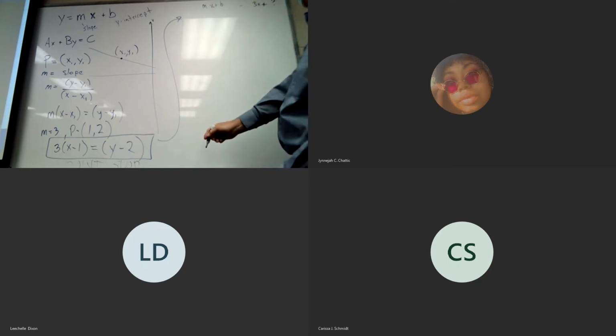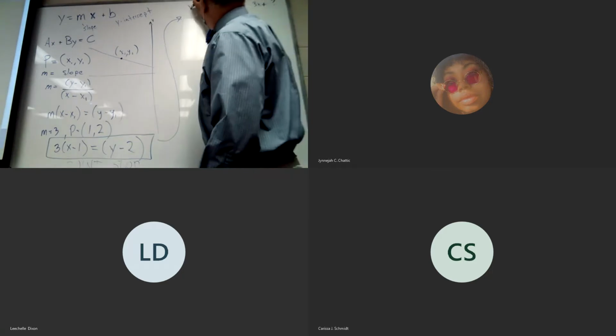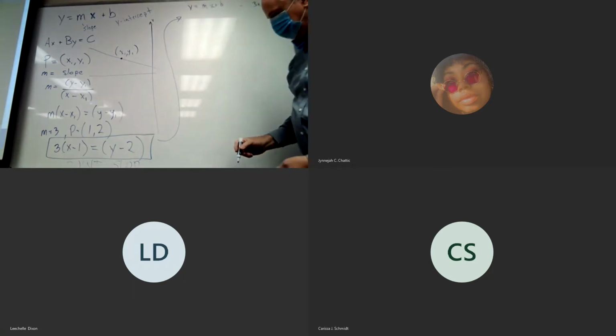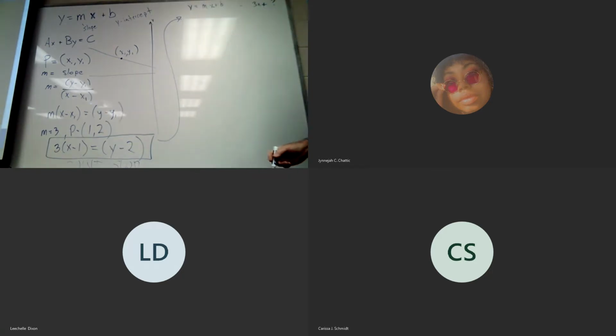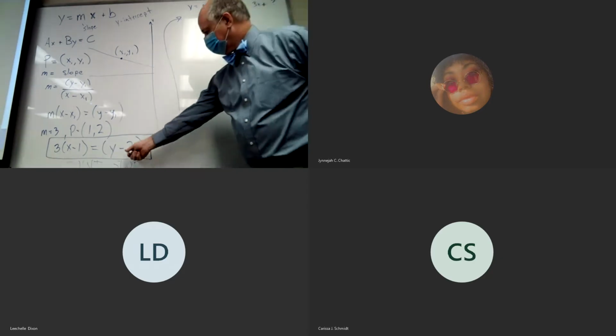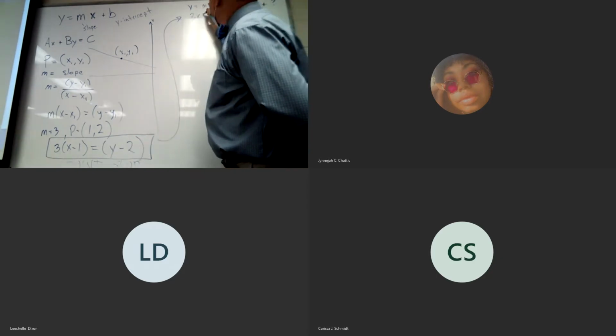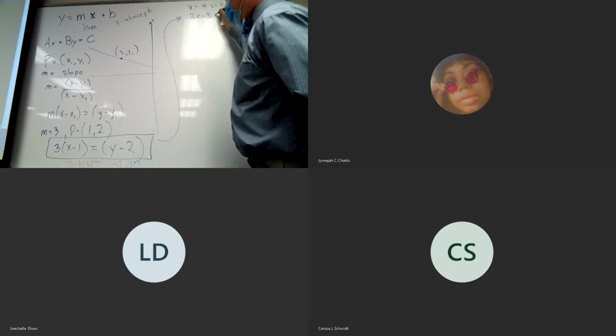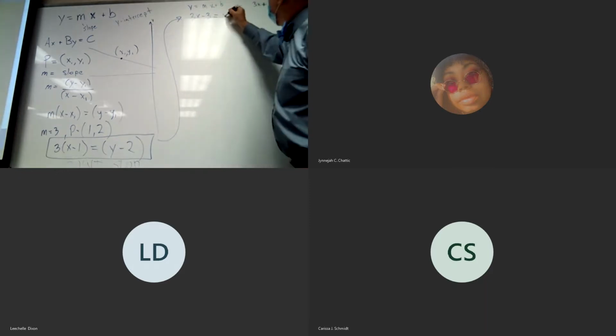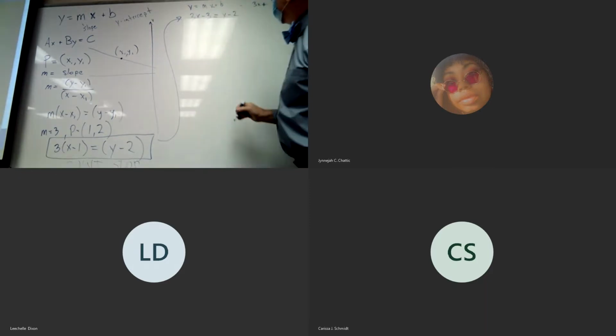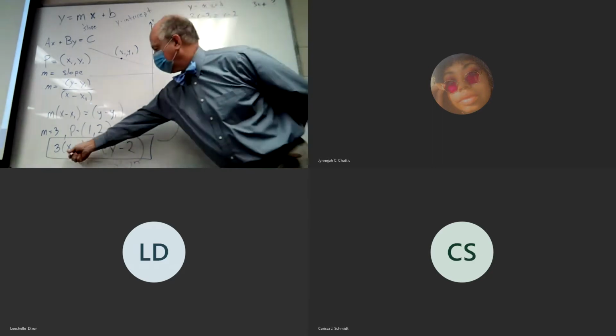All we have to do is get the y by itself. Look at this, I've got 3x minus 3 equals y minus 2, because I multiplied out the 3's.